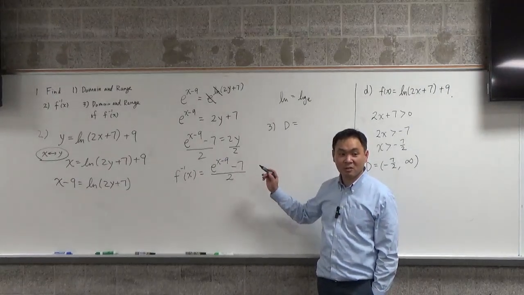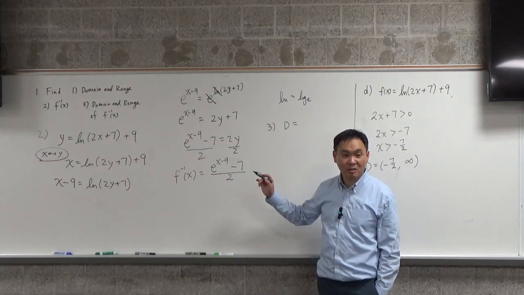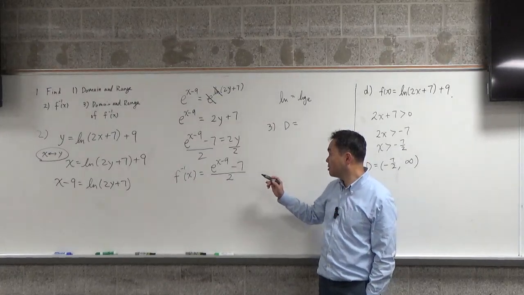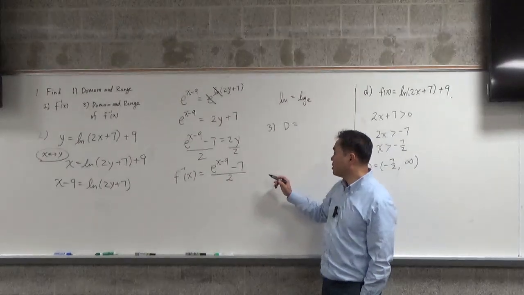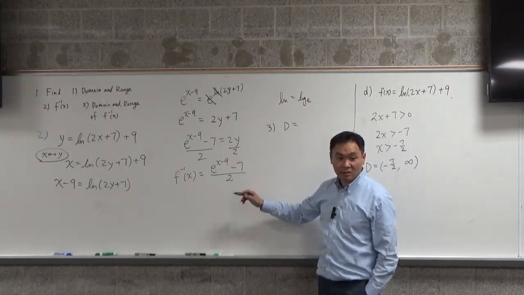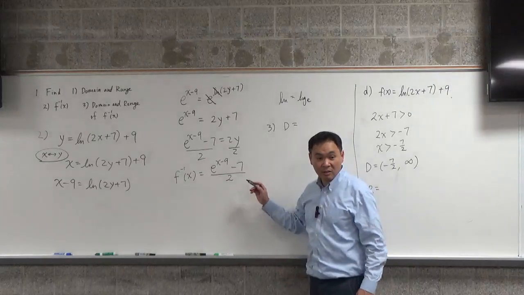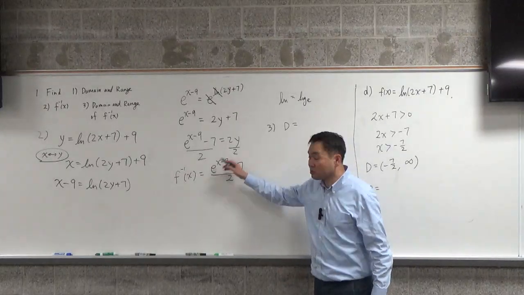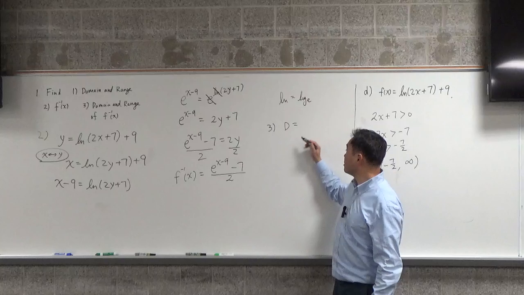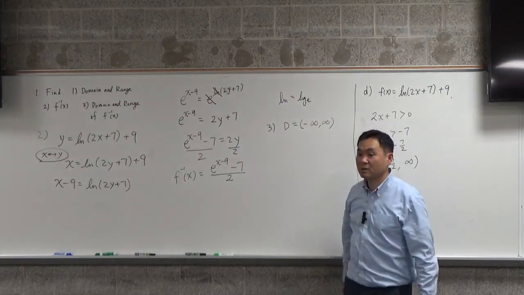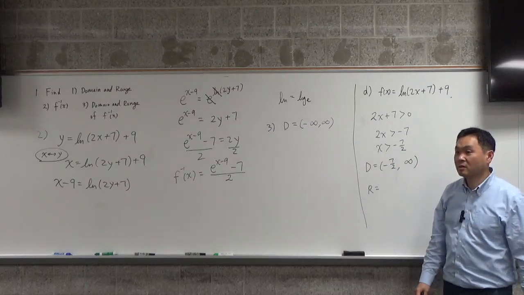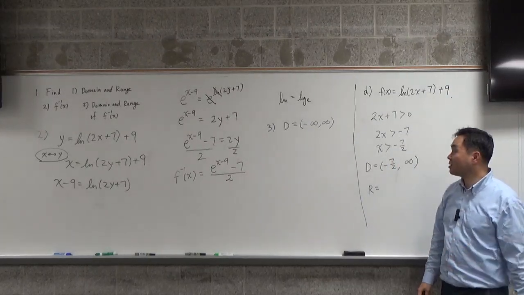So what's the answer? No, there is no log here. There's a log here, but not here. Okay? In this function, there is no log. So the domain is all reals. Is it okay? All right.